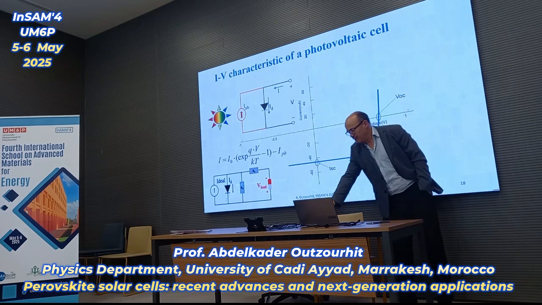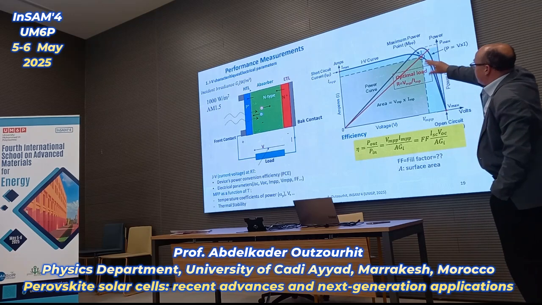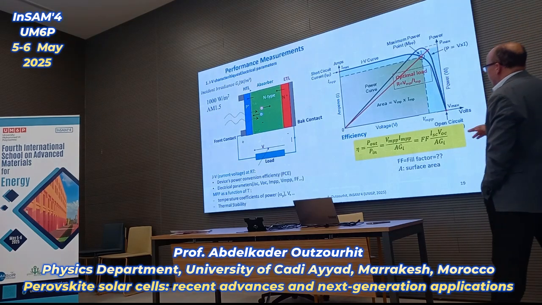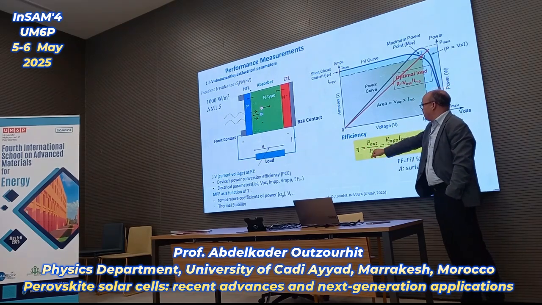You get a lot of information from the characteristic. I just inverted this characteristic, and from there you can also get the efficiency, which is the output power divided by the input power.